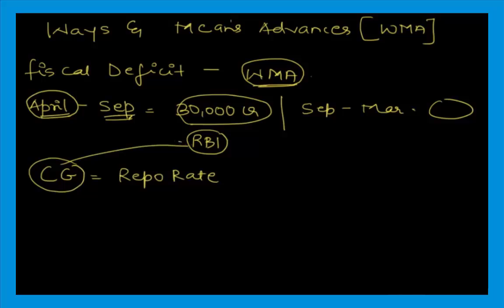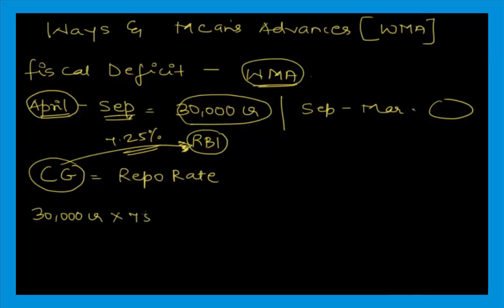So the central government pays whatever the repo rate is to RBI. Currently it pays 7.25% under the WMA borrowing that it does. Now, the point that we have to understand out here is, let's say for the first 6 months, 30,000 crore rupees is what the RBI is willing to give the central government under the WMA.